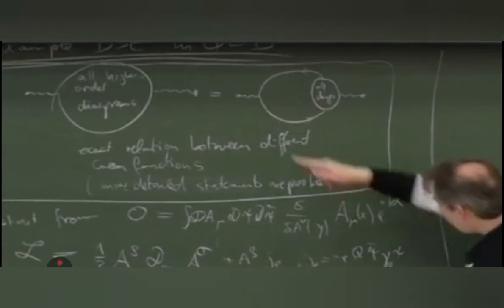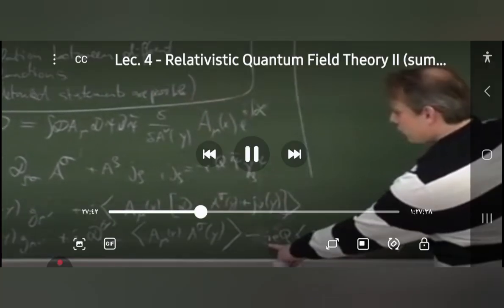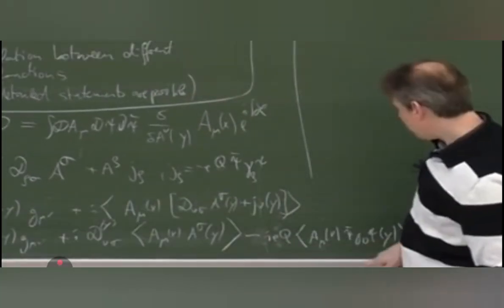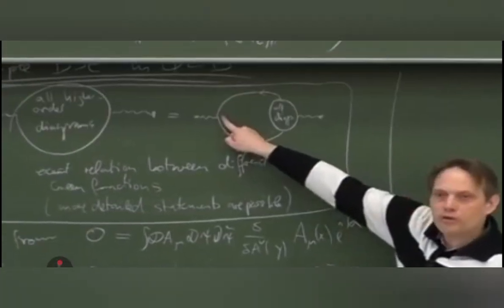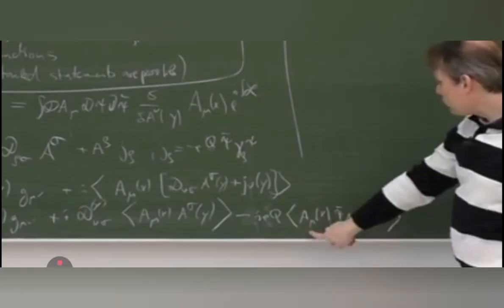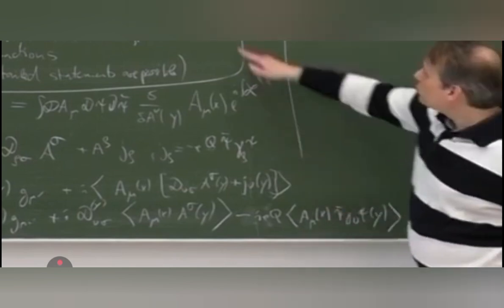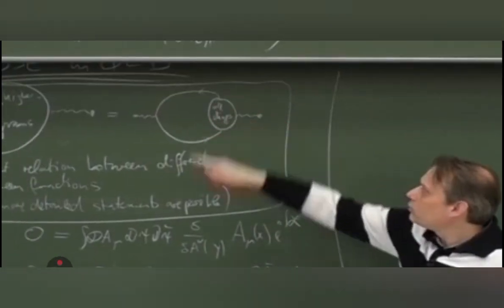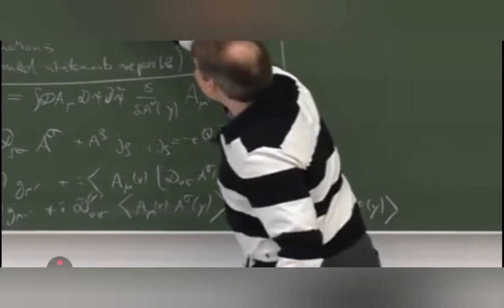That corresponds exactly to this vertex, times also minus i e q, which is exactly the usual Feynman rule from ordinary QED for this vertex. And then a Green function connecting this to A_μ. So this is completely that Feynman diagram here, except for the external photon line over there.